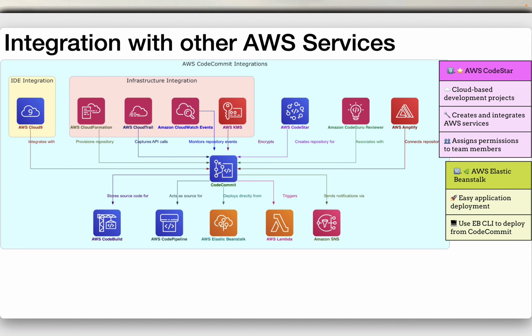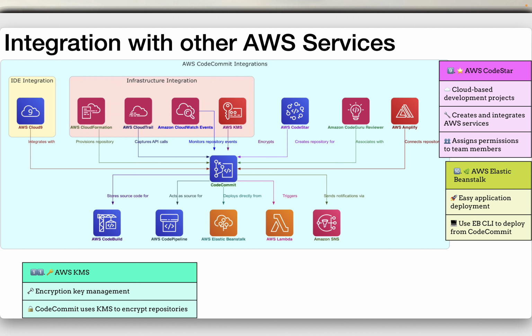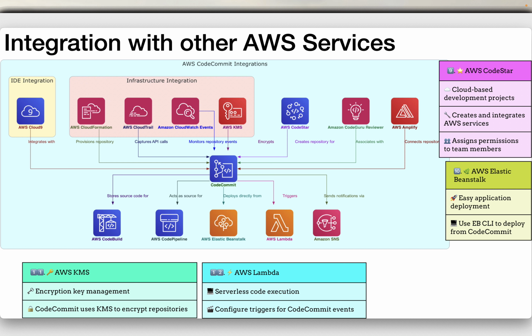You can use the Elastic Beanstalk console or CLI to deploy your application directly from a new or existing CodeCommit repository. AWS Key Management Service (KMS) is a managed service for creating and controlling encryption keys. By default, CodeCommit uses KMS to encrypt repositories. Lambda allows you to run code without provisioning or managing servers. You can configure triggers for CodeCommit repositories to invoke Lambda functions in response to repository events.